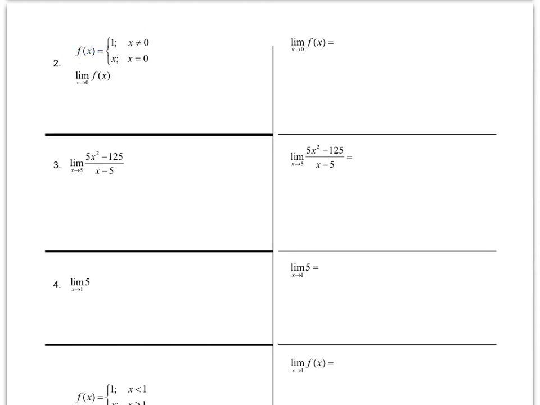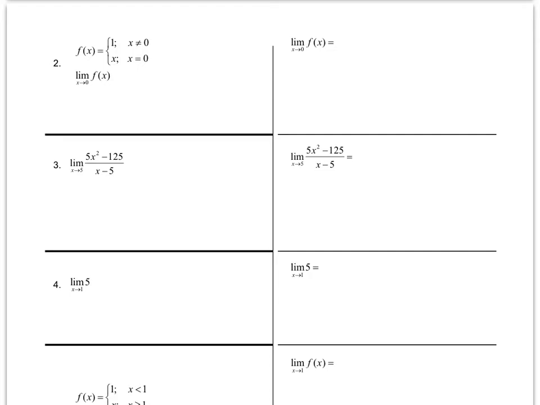So for every other value of x other than 0, the y value is going to be 1. At x equals 0, we've got y equals x, so y would also equal 0. Okay, I'm going to show you algebraically, and then I'll show you what the graph would look like, and we'll confirm it.